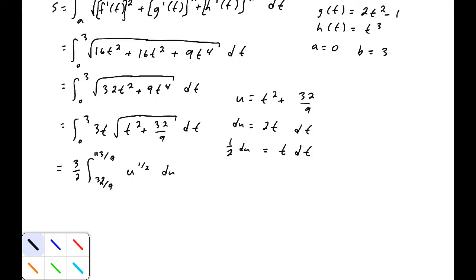So we have 3 over 2 times the definite integral from 32 over 9 to 113 over 9 of u to the 1/2 du. And the antiderivative of u to the 1/2 is u to the 3/2 multiplied by 2/3.